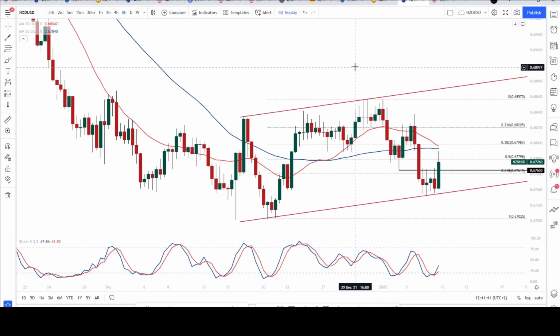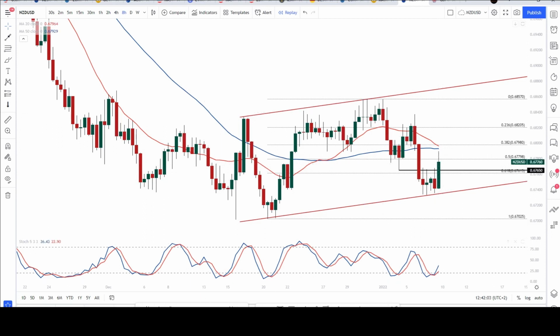So when the market breaks above that resistance, you never know if it's going to shoot higher or go back. And that's the challenge with trading. You just have to accept it that the market might rally from here. You have to try and see if the market rallies and trade with it.